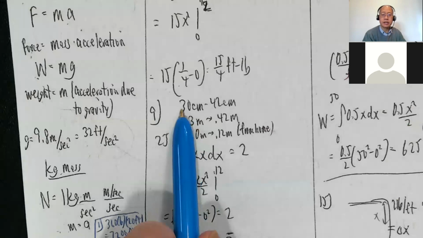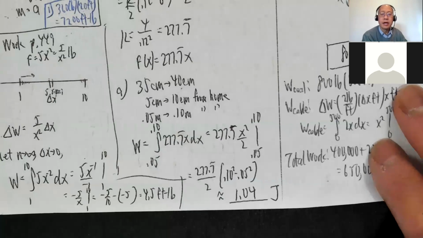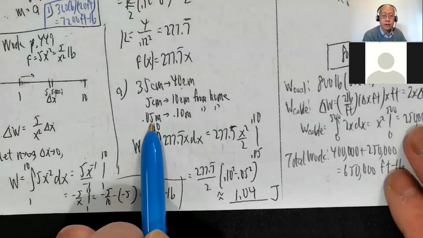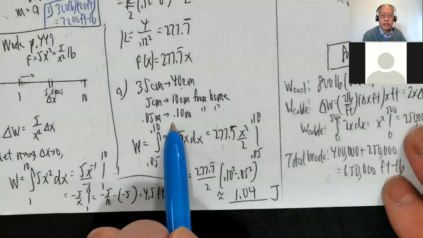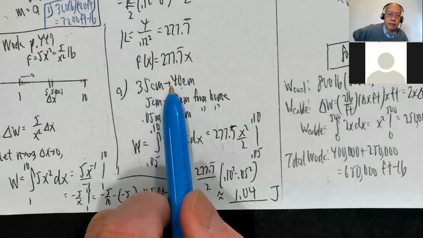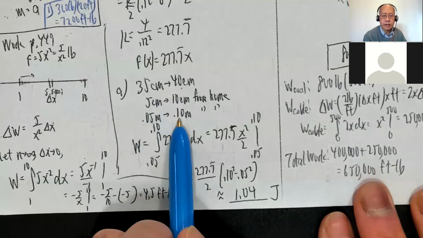Again, 30 is the natural position, the home position. And change everything to meters. 5 centimeters is 0.05 meters. 10 centimeters is 0.10 meters. So when I do the work from 35 to 40 centimeters, I'm plugging in 0.05 to 0.10.